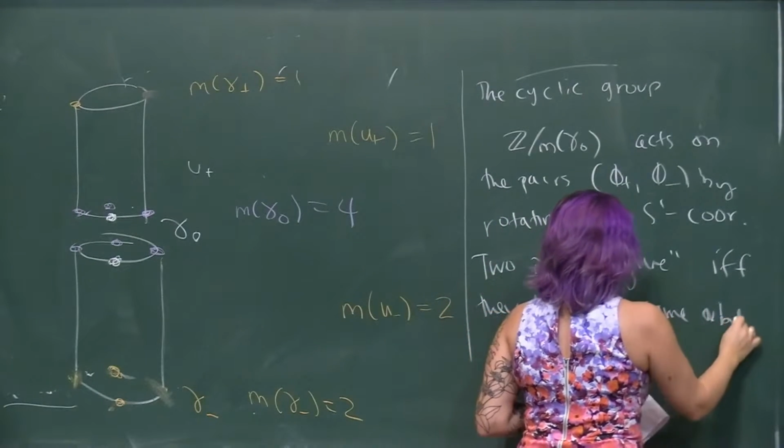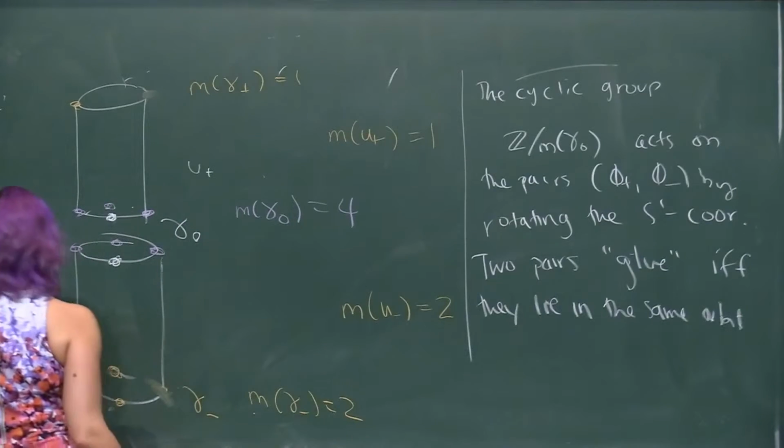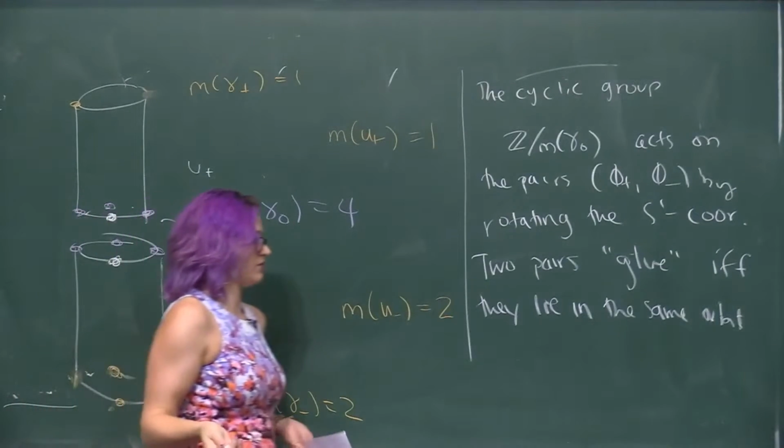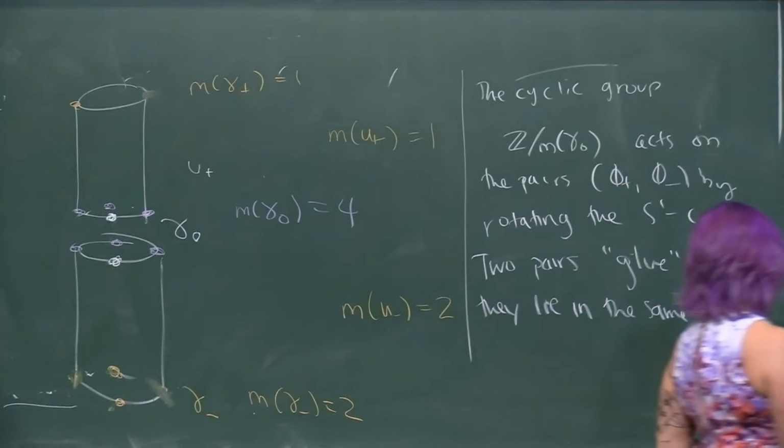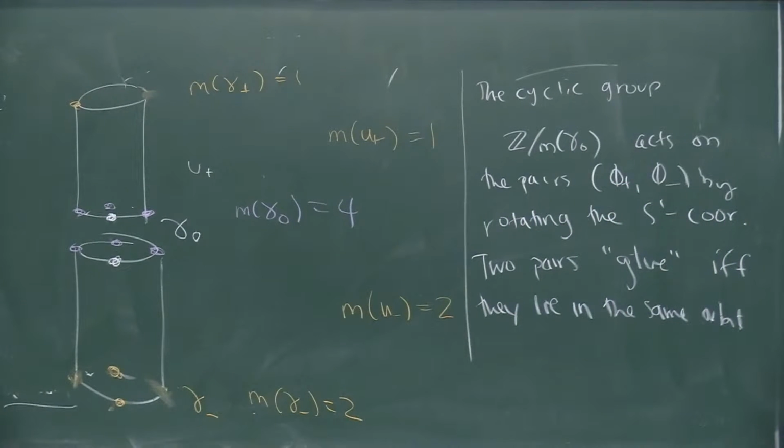Where glue means you run this functional analytic crank, which means that you get a holomorphic curve corresponding to sticking phi plus and phi minus together with a bump function, and you'll get some honest pseudo-holomorphic curve that's arbitrarily close to the broken one.